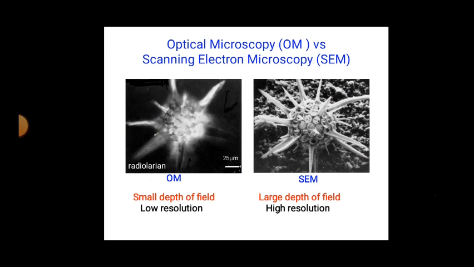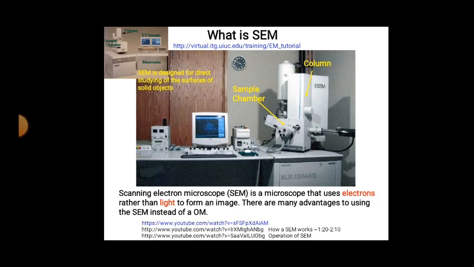Next is the optical microscope versus the scanning electron microscope. An optical microscope has a small depth of field and lower resolution, compared with the scanning electron microscope, which has a high resolution.